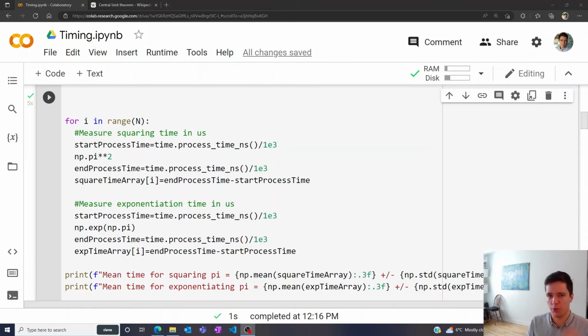Before I go, I should clarify that we only get this Pareto distribution when we're measuring the runtime of a single operation, like squaring pi or exponentiating pi. If you're measuring the runtime of a more sophisticated function with a large number of different operations inside, you'll probably get something that looks more like a Gaussian because of the central limit theorem.